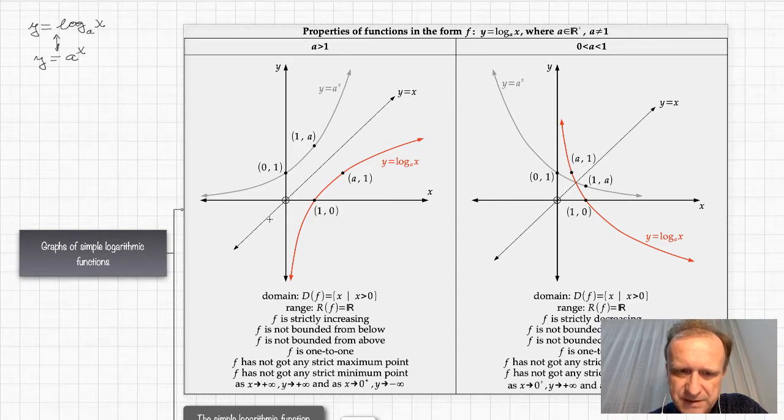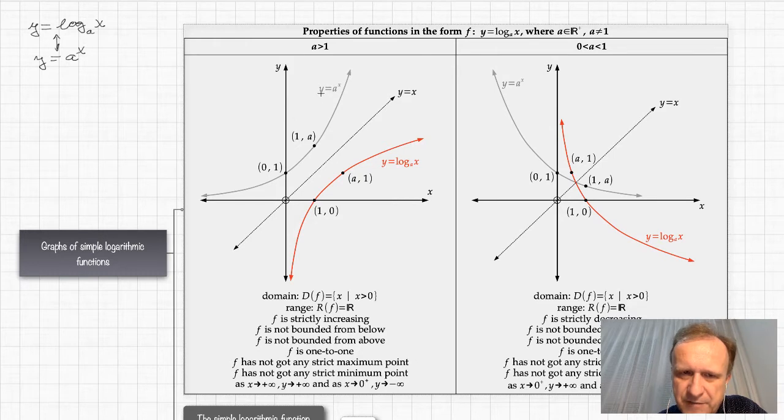So you can imagine this original function y equals a to the power of x to be reflected about the diagonal of the first and third quadrant, and what you get is the graph of the logarithmic function.